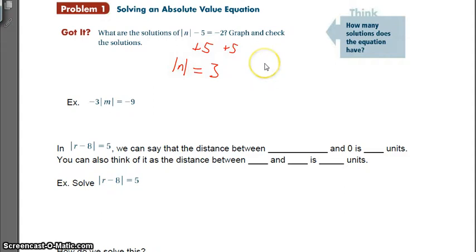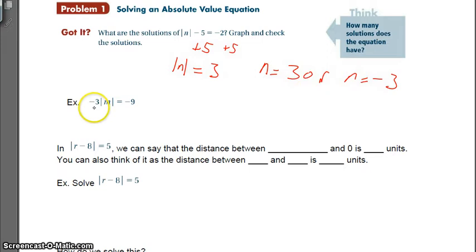So therefore, n must be 3 or negative 3 because we always end up with an absolute value meaning distance from 0 is 3. So what things have a distance from 0 of 3? Well, 3 or negative 3.